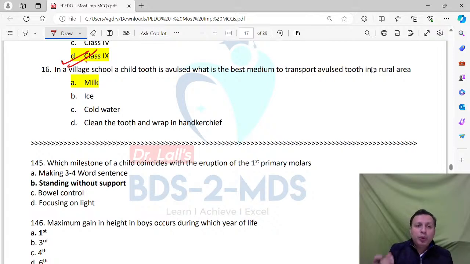Okay, so the best physiological solution is to take the tooth in milk, because it is said that if you keep the avulsed tooth in milk in the first 20 minutes of the avulsion, then you can preserve the viability of the periodontal ligament cells. Okay, because milk consists of constituents such as amino acids and carbohydrates that play an important role in preserving the viability of the periodontal ligament cells.